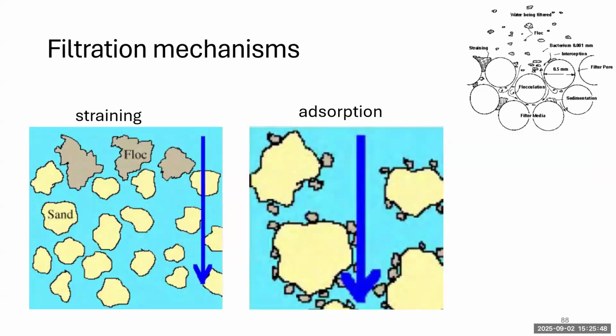Here are some very simple examples of the different mechanisms going on. Straining is when a floc particle just won't fit between the pore spaces between two media grains.